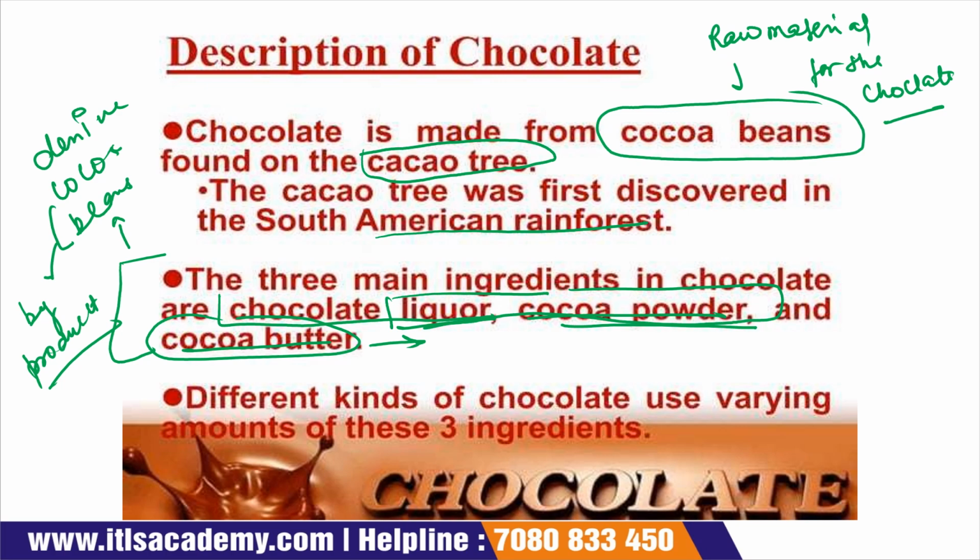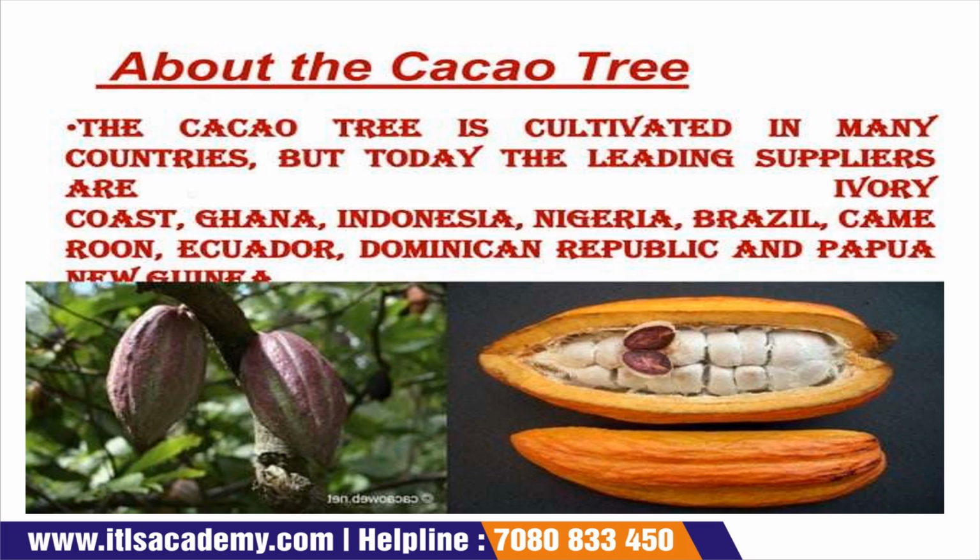Now come to the next slide. About the cocoa tree: this cocoa tree is cultivated in many countries, but there are some countries which are leading in the production of this tree. That is Ivory Coast, Ghana, Indonesia, Nigeria, Brazil, Cameroon, Ecuador, Dominican Republic, and Papua New Guinea.